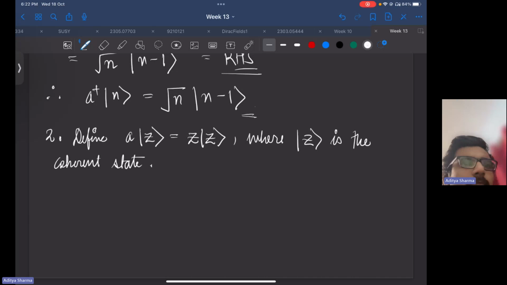And we have got the Bargmann representation also: Z is equal to e to the power Z A dagger acted on 0, the Bargmann representation.